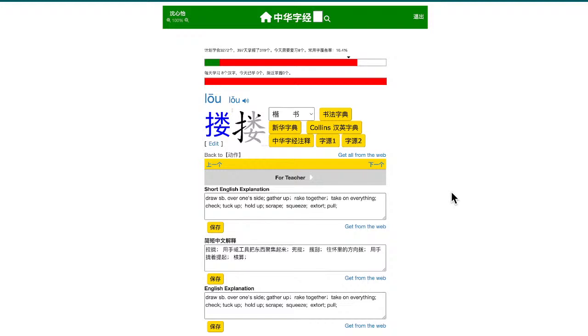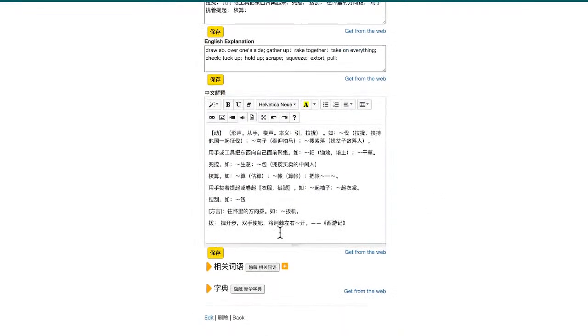Basically, you get things together, get things close to you. And also tuck up, hold up, scrape, squeeze, extort, pull. It's also called 拢.